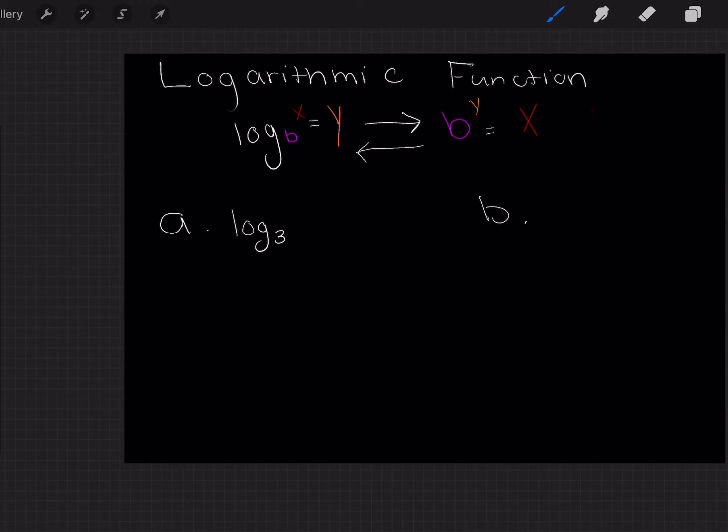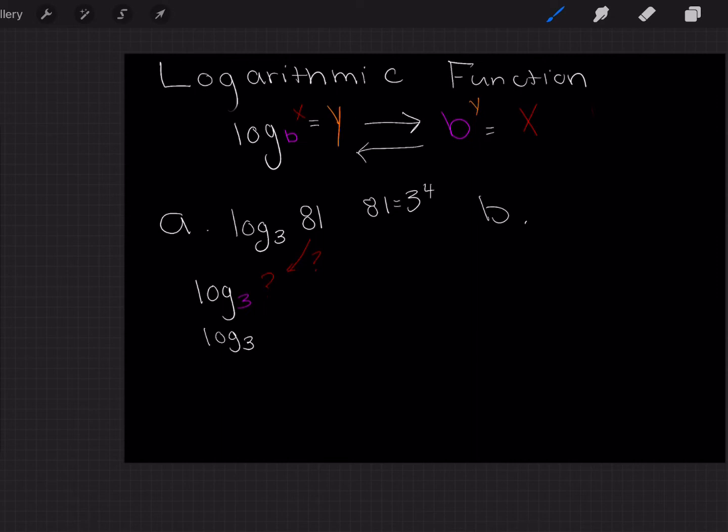we're going to take our problem. So our example problem is log base 3 of 81. So we know that our b in the exponential function is going to be 3. Now, our 81 is not, because it's log base 3 of 81.